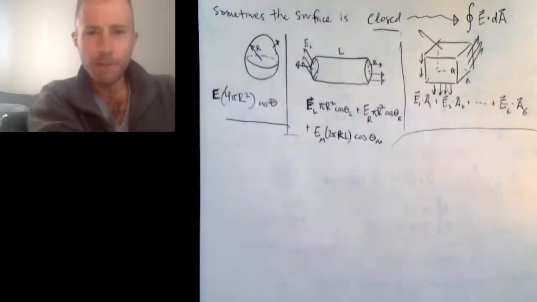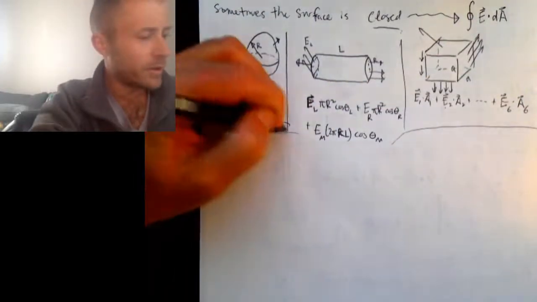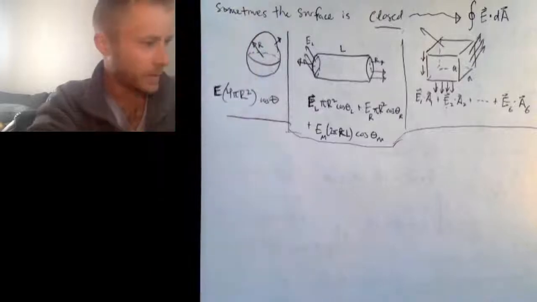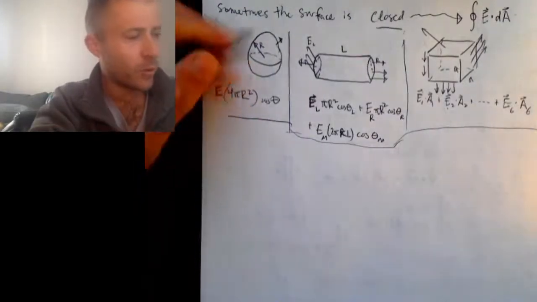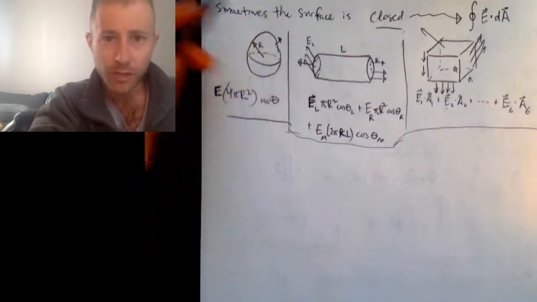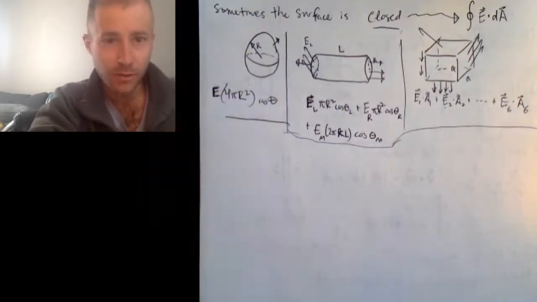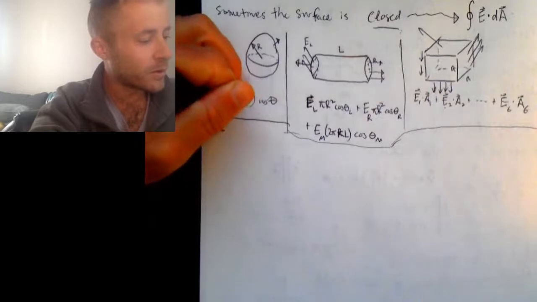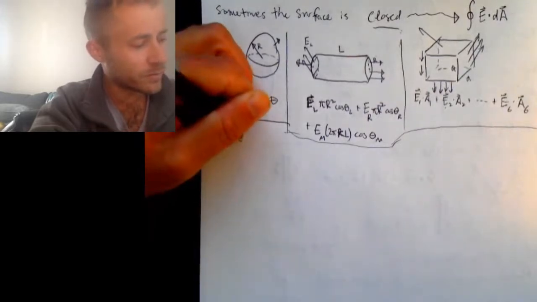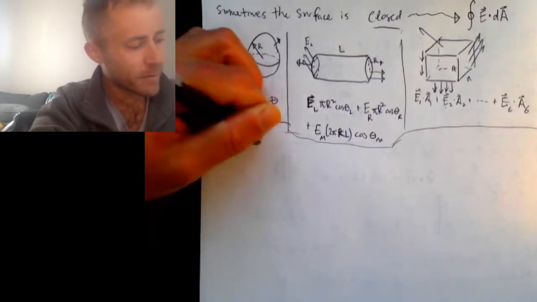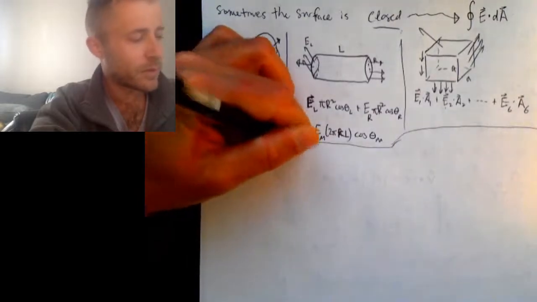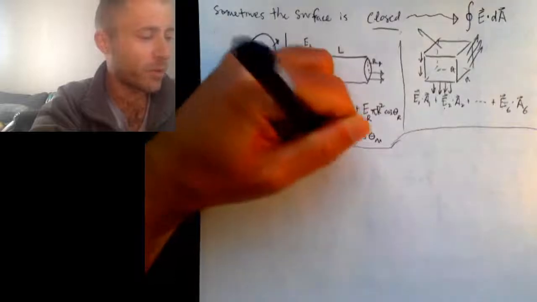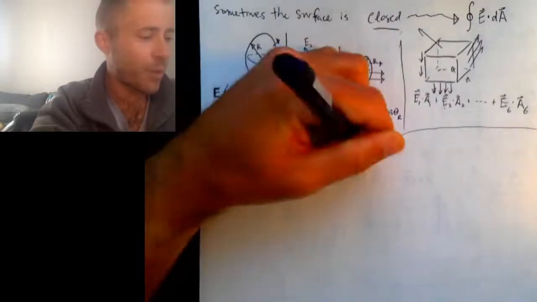One thing I want to point out is that when a surface is closed, we can define the area vector uniquely. So for closed surfaces, the area vector points outward.